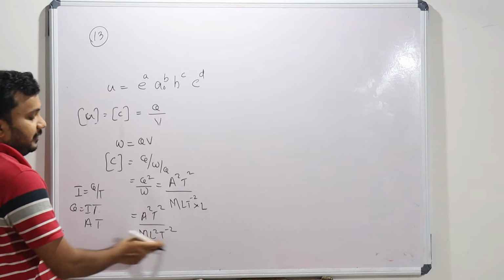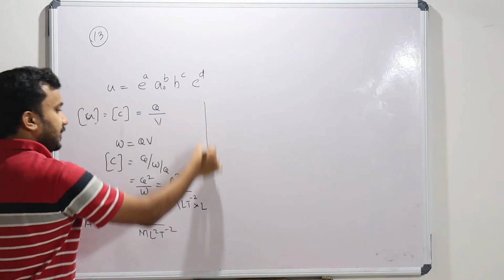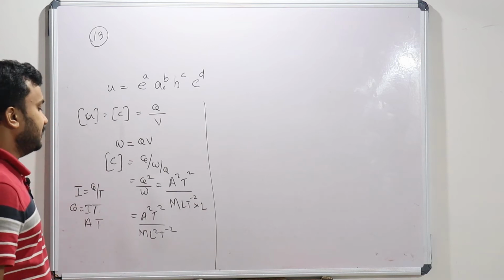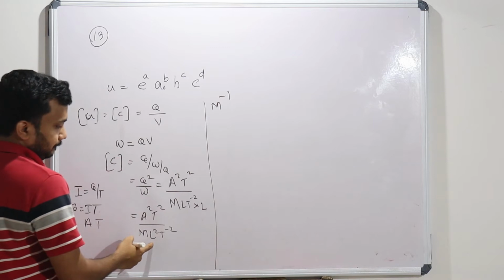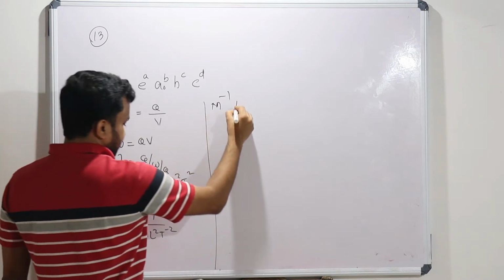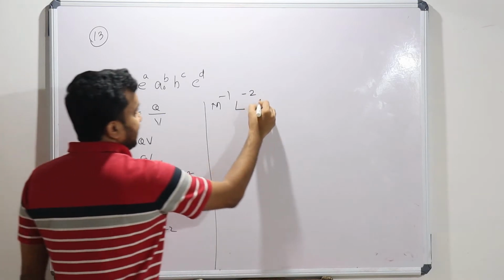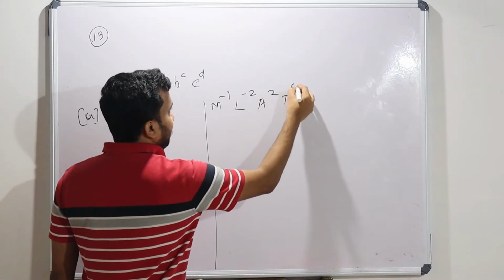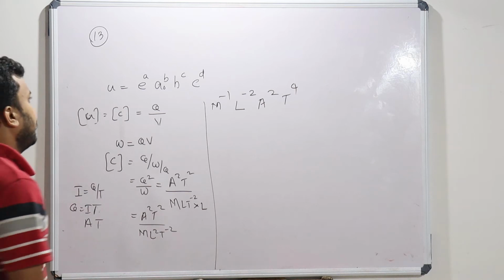Always remember this, because from the next question onwards I will directly write this formula. Simplifying, it becomes M power minus 1, L power minus 2, A square and T power 4. This is the dimension formula of capacitance.